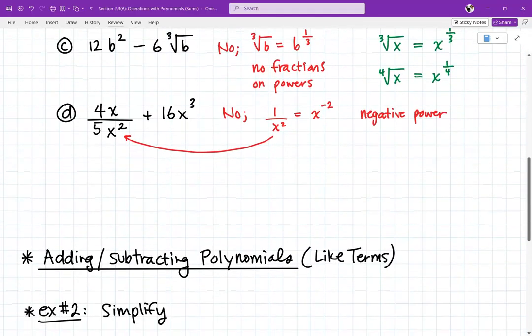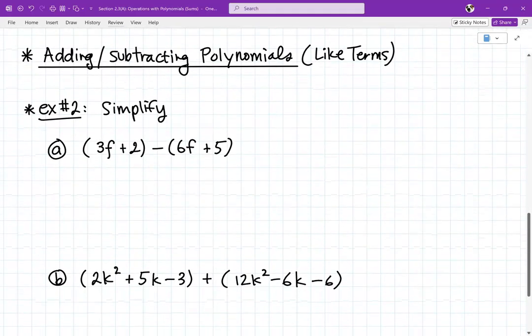Should be pretty easy. After that, they're going to make us add and subtract polynomials, finding the sums. Now, the only thing that's tricky about adding and subtracting polynomials is usually the way they're written, okay? You're going to notice they're going to be placed in parentheses, right? One polynomial expression and another polynomial expression in parentheses.